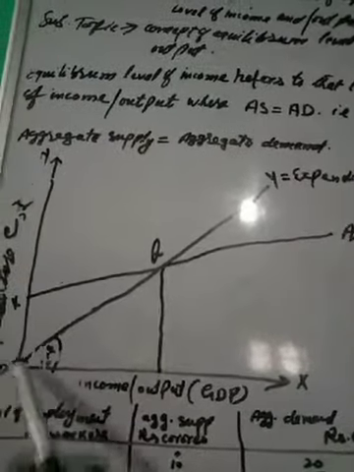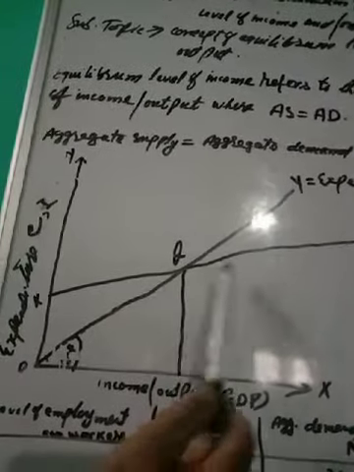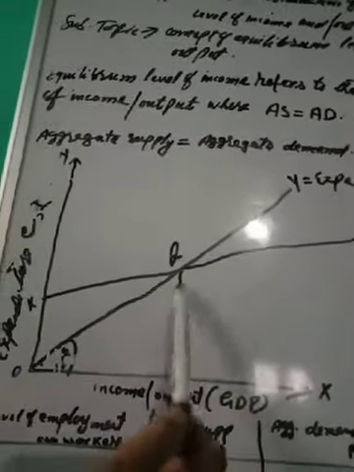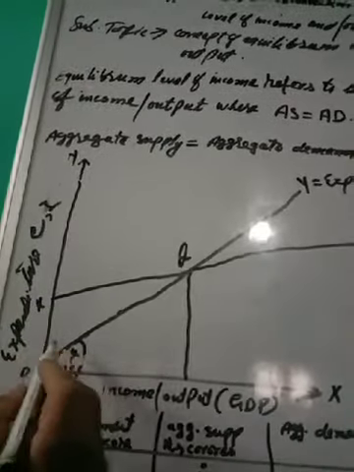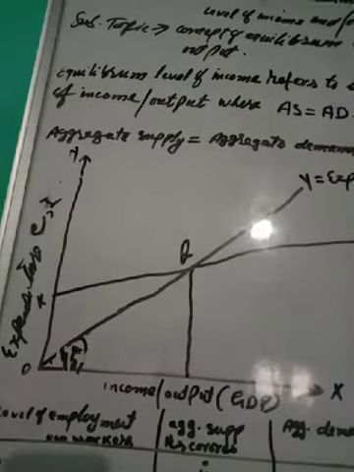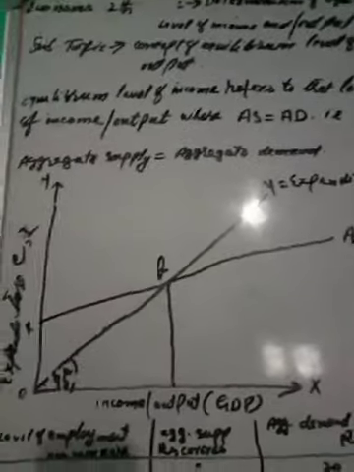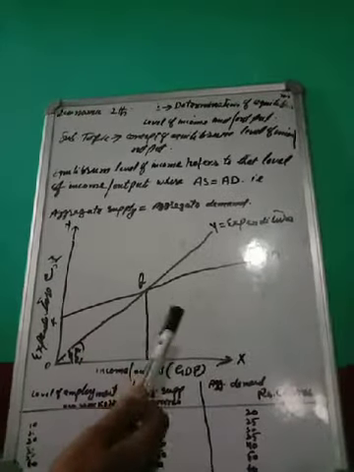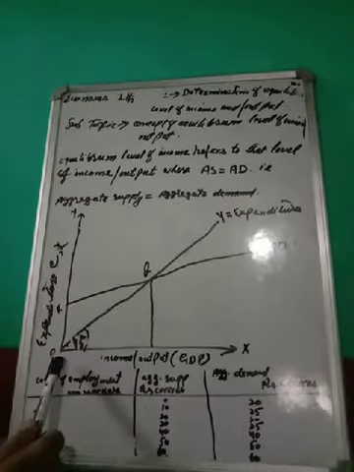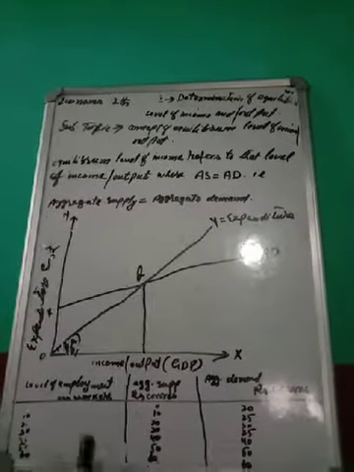At this point Q, this line intersects the 45 degree line, where AS is equal to AD. OL is the equilibrium level of output in the economy.